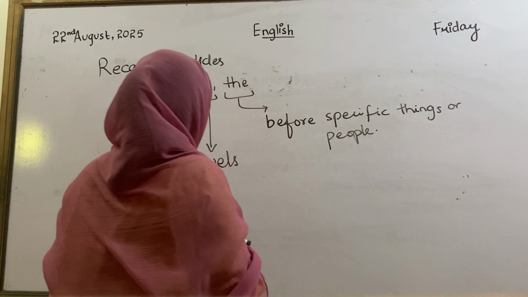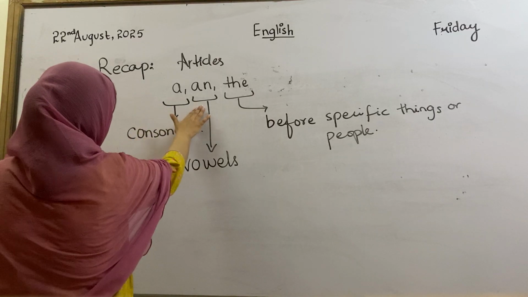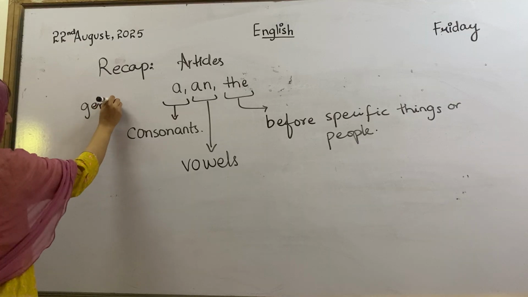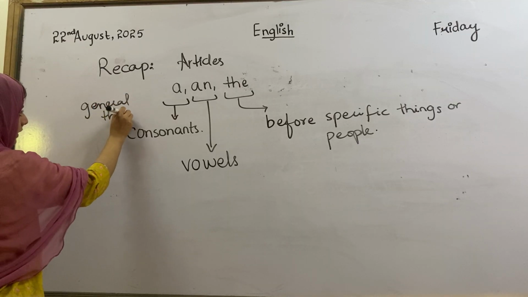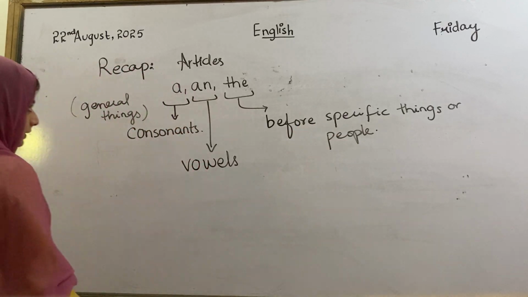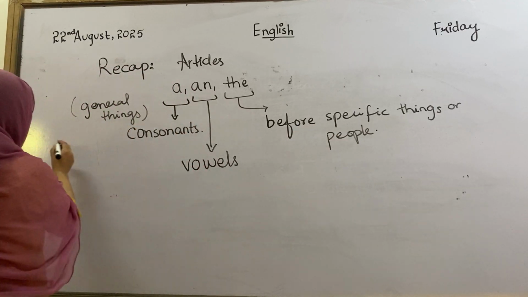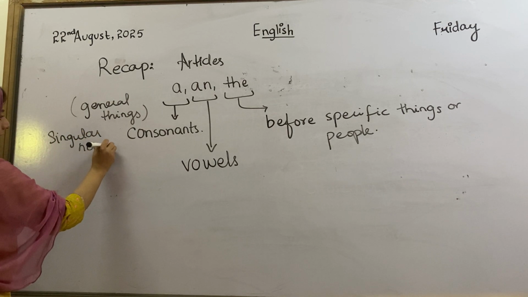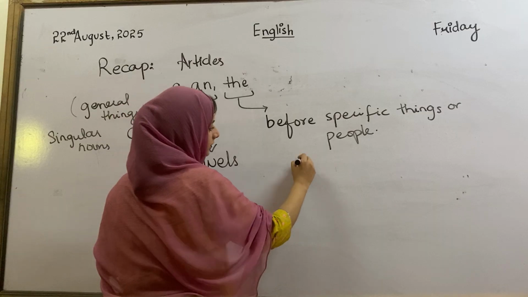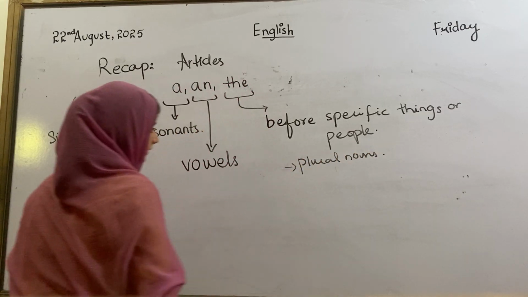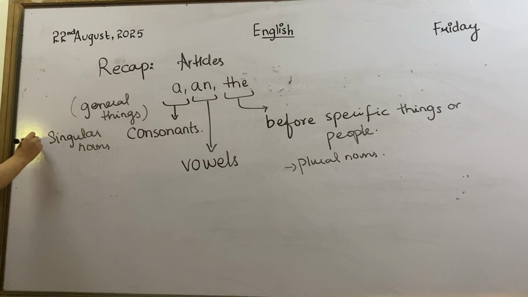You can simply say that a or an is used with the general things. Okay? General things of people, and the is used with the specific things of people. A and an is used with the singular nouns, and the is mostly used with the plural nouns. Okay? These are the two important points that you need to remember about the articles.